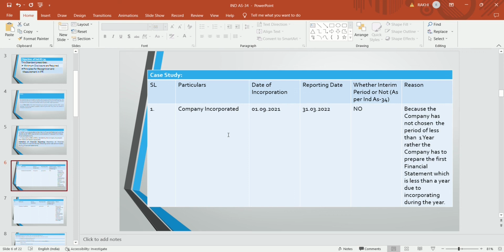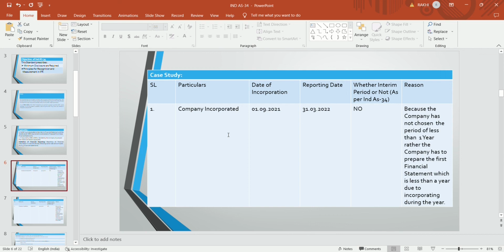No. Why? Because although this is a 6-month period, it is not an interim period. The reason is that the company has not chosen a period of less than 1 year. There is no 1-year concept here, because the balance sheet is prepared for the first time for a period of 6 months.